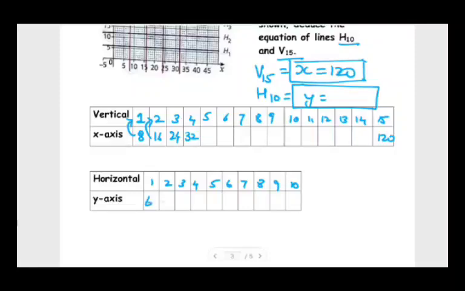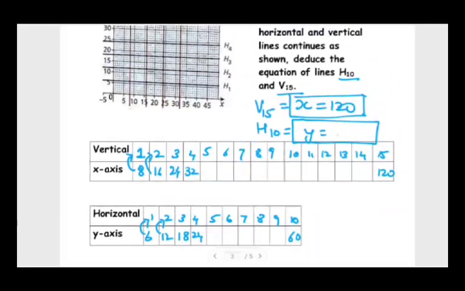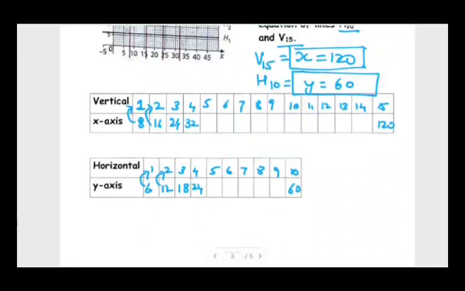The first one was 6, 12, 18, 24. So 6 ones are 6, 6 twos are 12. So 6 tens are 60. Alright, so my equation for H10 will be y is equal to 60.